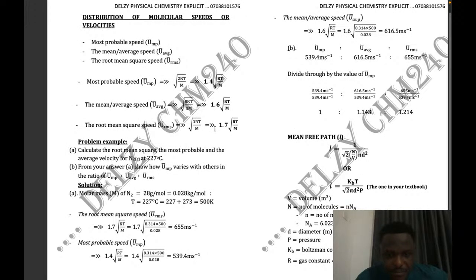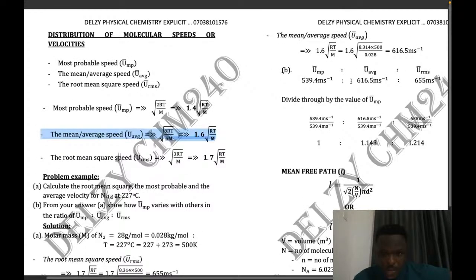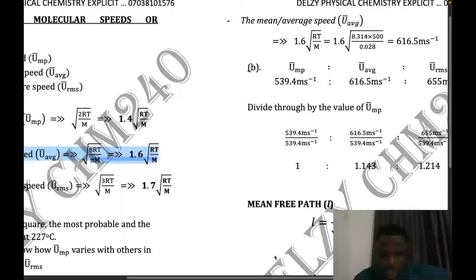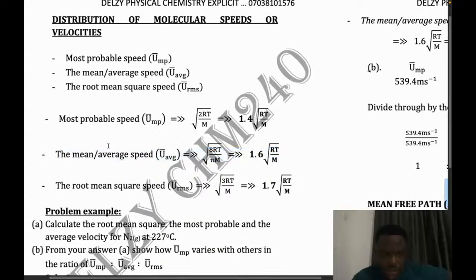All right, so let's look at this. These are the formulas. The most probable speed is 1.4 square root of RT all over M.